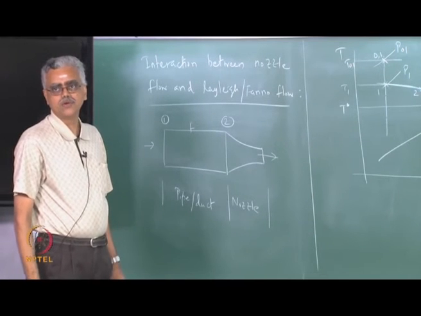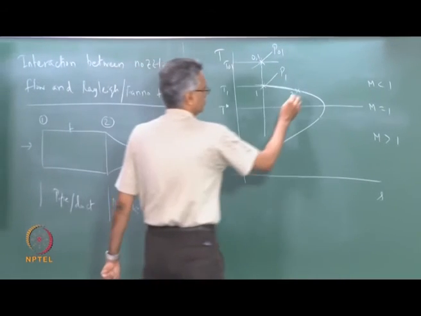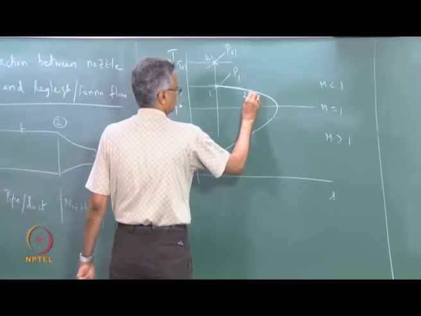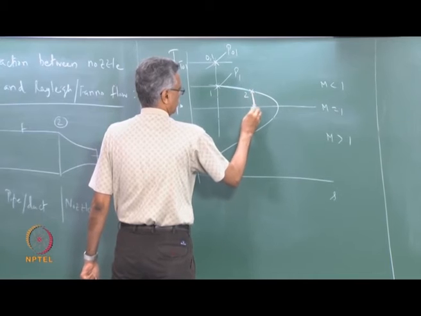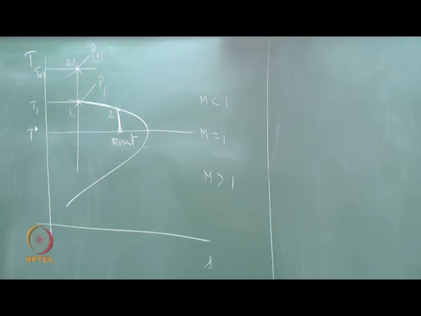So, that means I go from there to the throat section in a vertical line. So, this is my throat section where we expect the Mach number to be 1 unless otherwise specified. Okay. So, I go from 1 to 2 along the Fanno line, and then I go from here to here along an isentropic path.